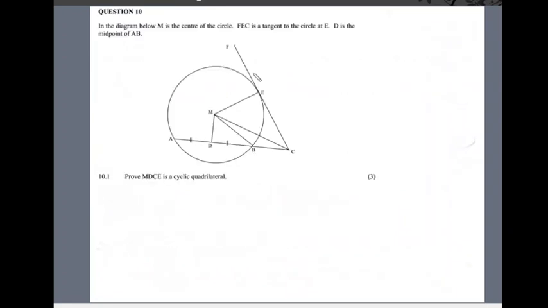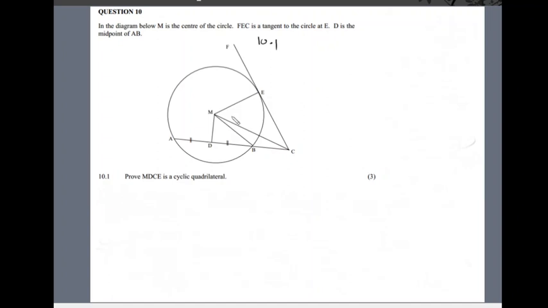But he proved that MDC is a cyclic quad, right? So if you have to prove that this is a cyclic quad, you cannot use cyclic quad as one of your reasons. You cannot say maybe D plus E is equal to 180 because it's opposite angles of a cyclic quad.